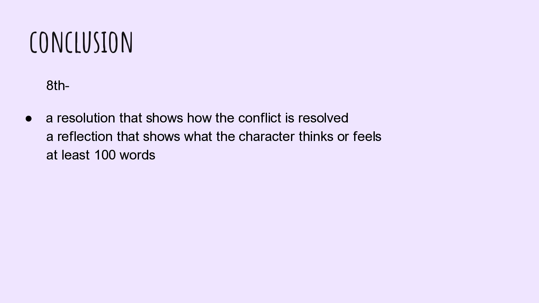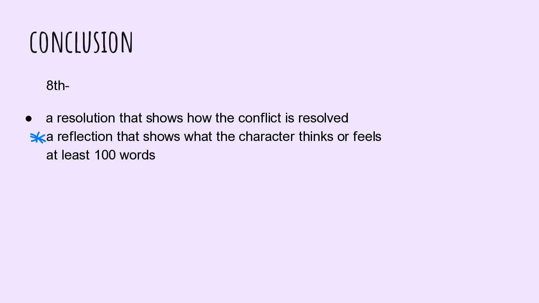This is the part where I end up taking off points grade-wise: a reflection that shows what the character thinks or feels and how the character has changed. Now, this is not a paragraph that you just throw on.